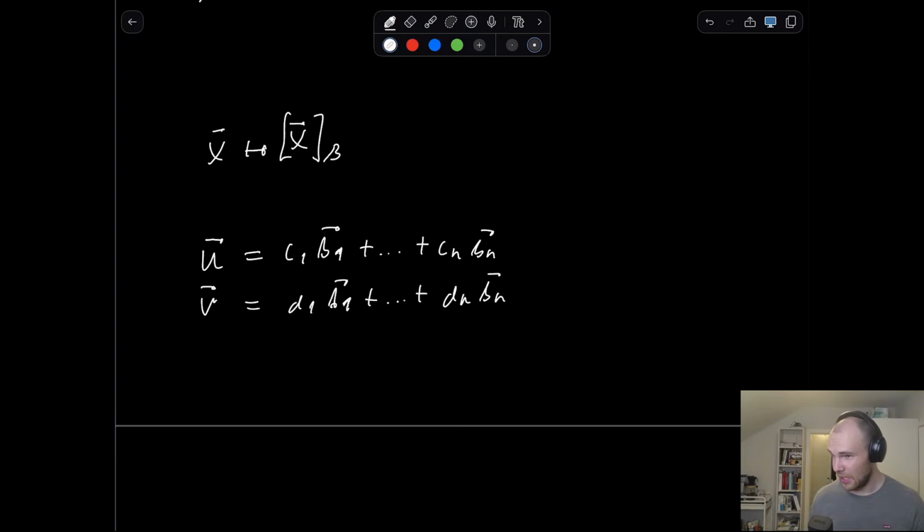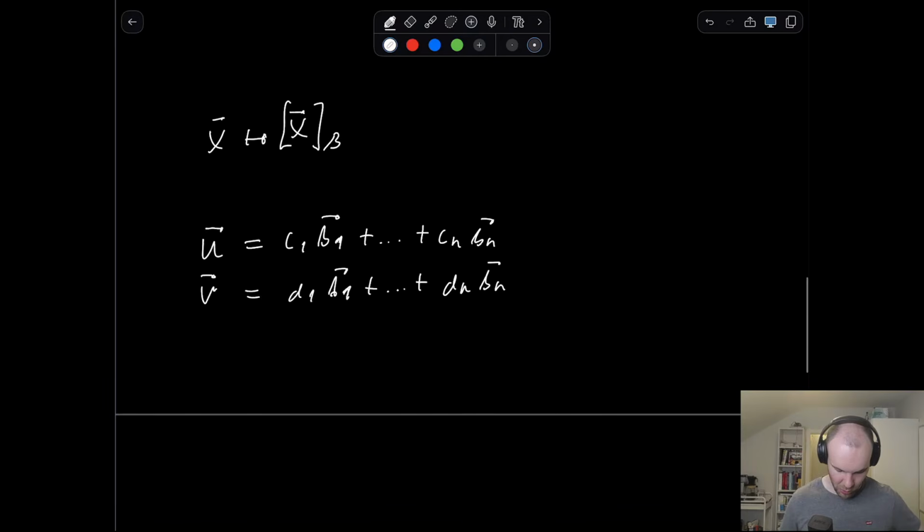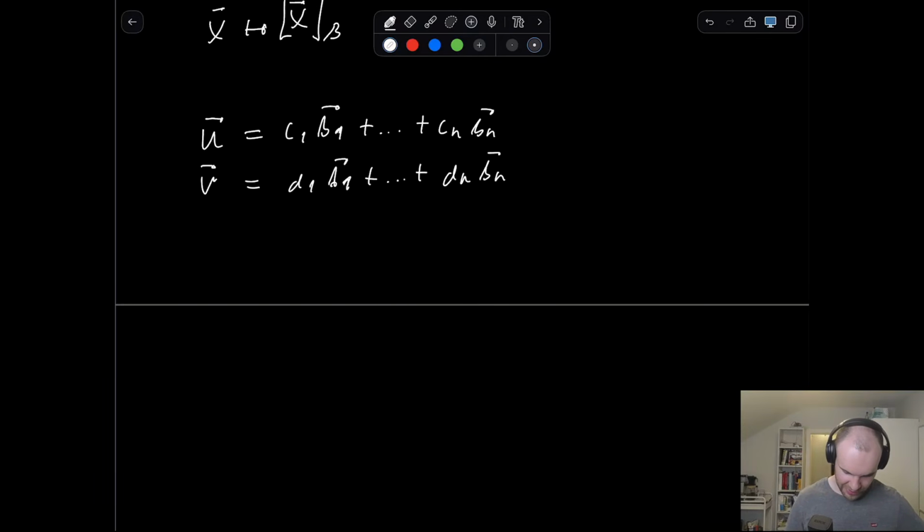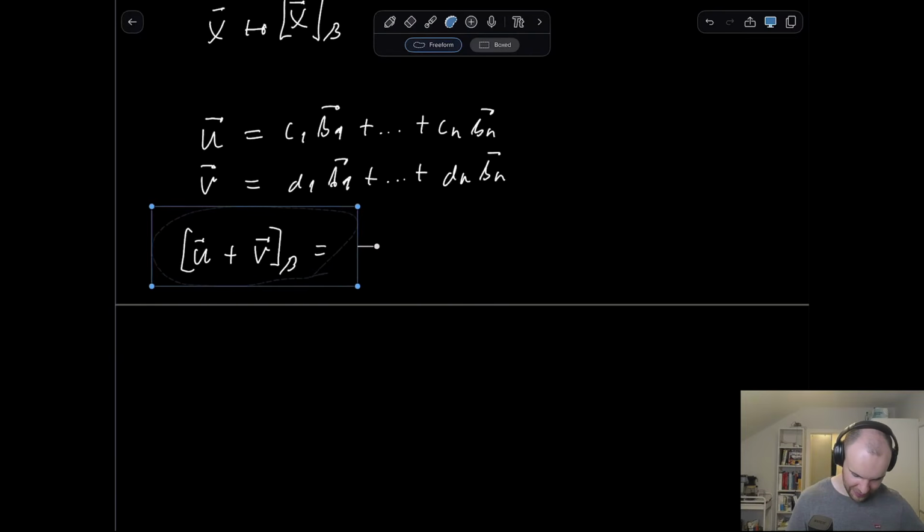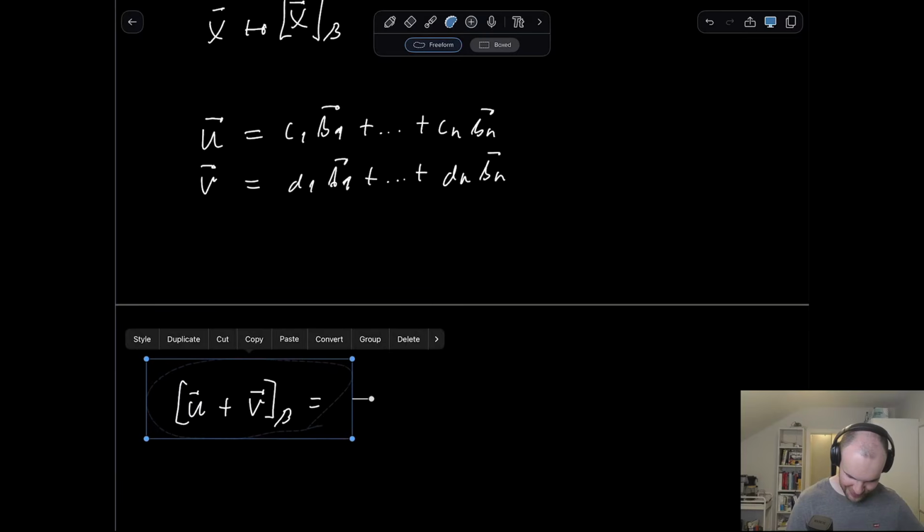Okay. Now, of course, we have the coordinate space, right? So we can check. Now we have those two. So let's say we did u plus v, like that, and then we do it with respect to the basis. Okay, what do we have then? Let's see. Now we have to use our brains here.